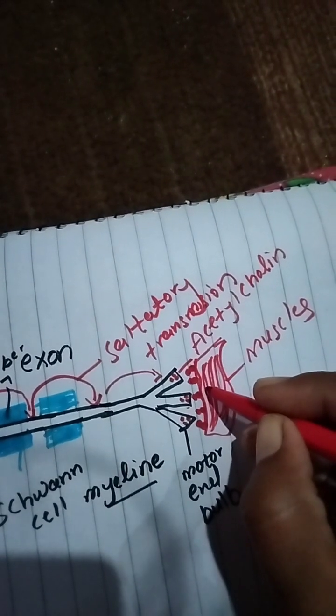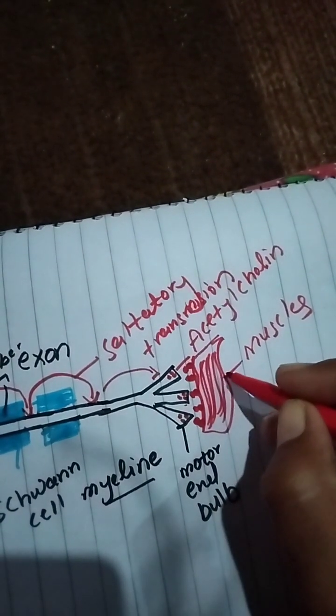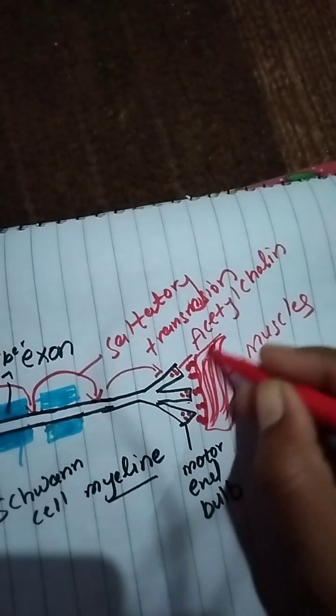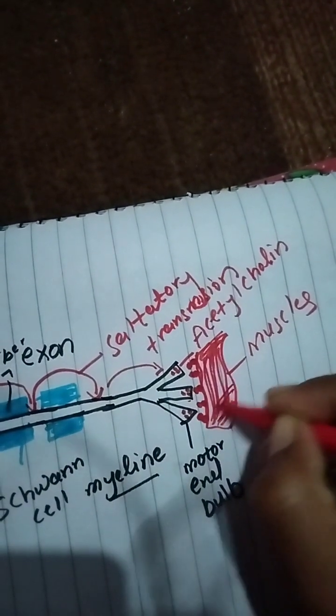These chemicals easily diffuse through this gap and enter the muscle receptors, and when the muscle receptor receives this chemical, the muscle depolarizes and contracts.